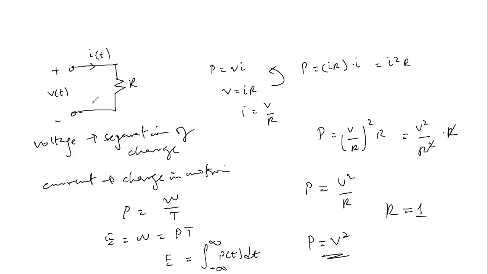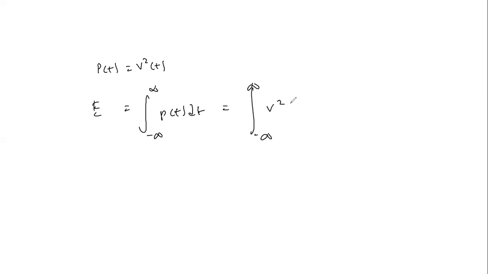And since we already know that our power, P of t, is the same as V squared of t, then the energy will now be the integral from negative infinity to infinity of P of t dt, which is the integral from negative infinity to infinity of V squared of t dt, all right?